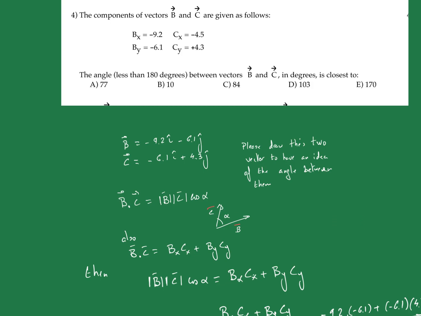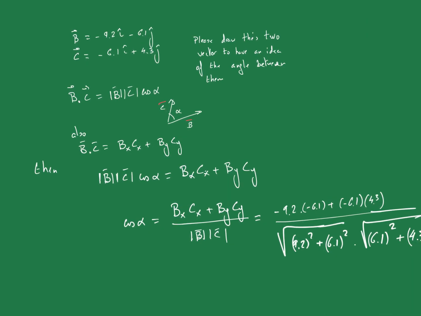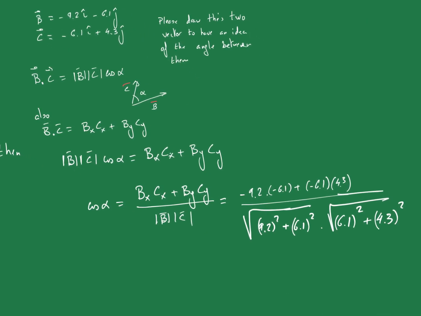So I can solve for cosine of alpha because all the data is here. Cosine of alpha will be VxCx plus VyCy divided by the magnitude of V multiplied by the magnitude of C. If I plug in numbers, Vx is minus 9.2, Cx is minus 6.1, and so on.